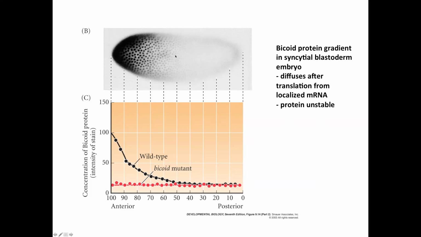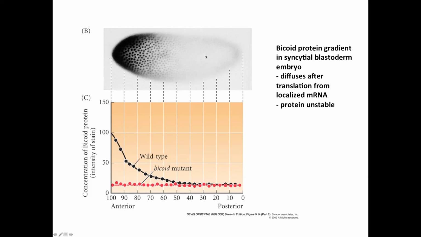This gradient could have extended a little bit more here, but there is an opposing gradient that diffuses from the other end, which actively opposes the translation of bicoid, and hence the gradient of bicoid develops.